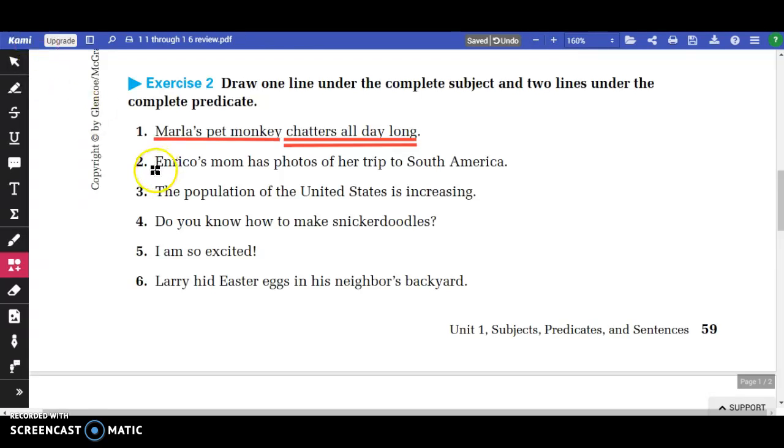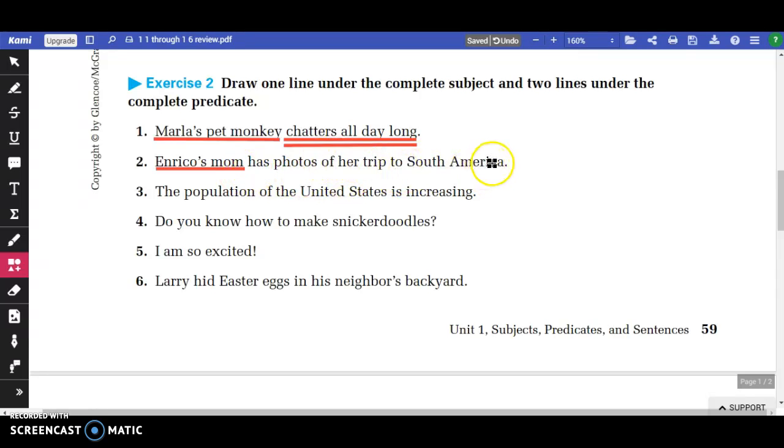This sentence is about Enrico's mom because it's about mom and mom belongs to Enrico. Enrico tells me more about mom, meaning both words, Enrico's and mom, are part of my complete subject. And what Enrico's mom did was she had photos. And these photos are of her trip to South America.